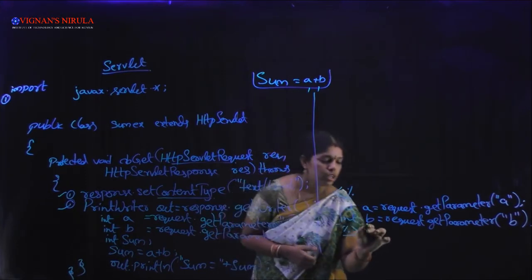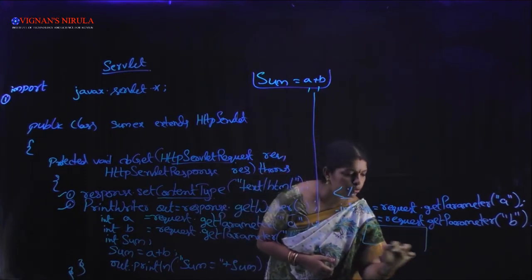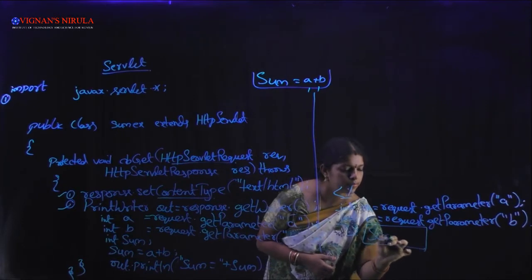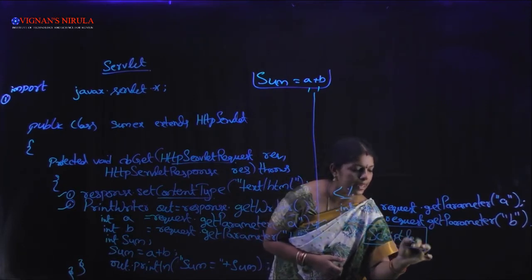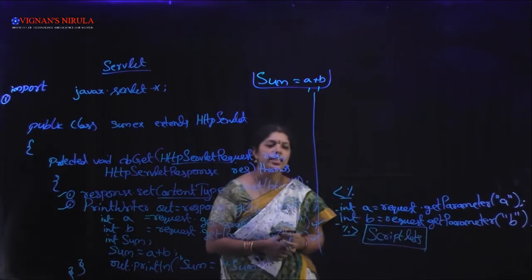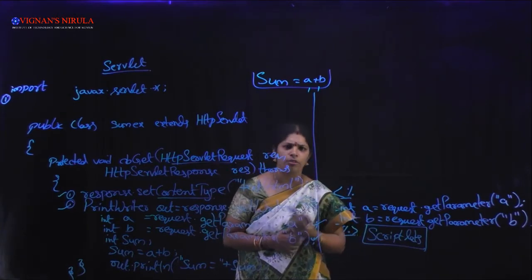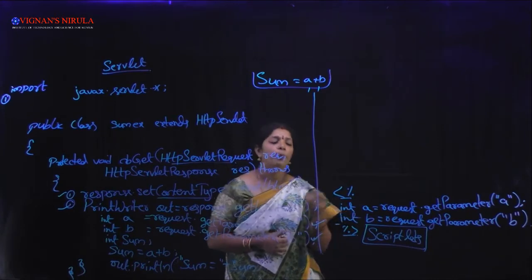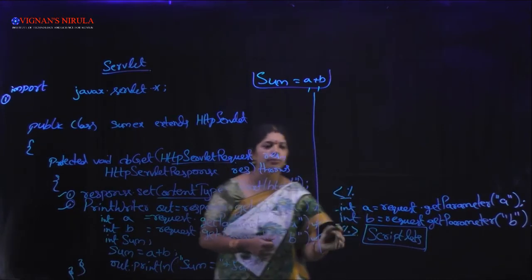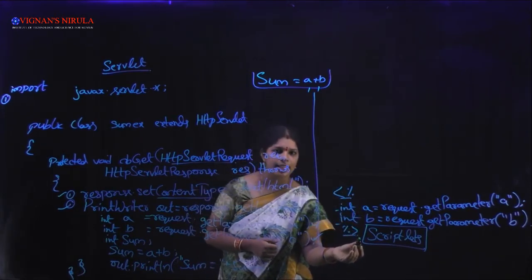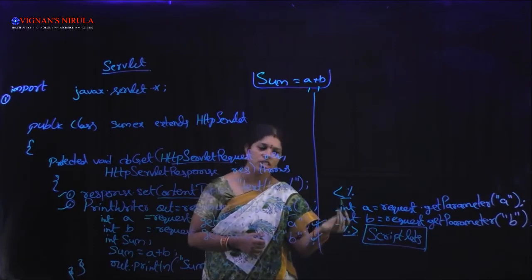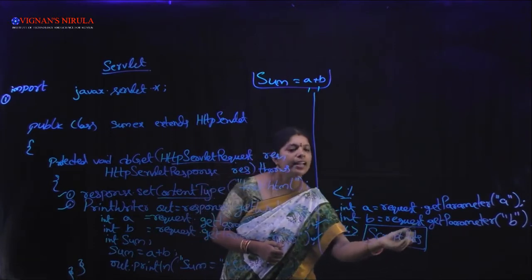These lines of code are also known as scriptlets. Whenever we want to insert any Java code in our JSP page, we use the less than symbol with the percent symbol, and the percent symbol with the greater than symbol. These are the scriptlet tags.